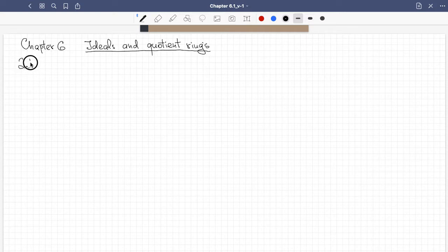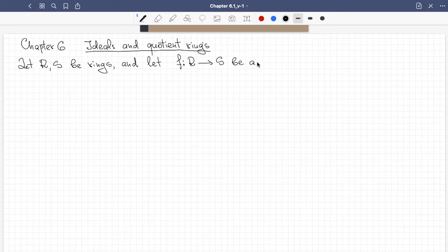So let R and S be two rings, and let f from R to S, a function, be a map, be a ring homomorphism.